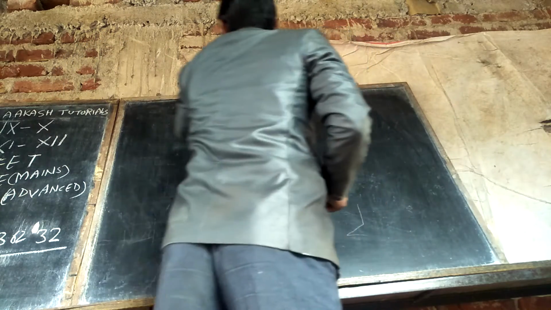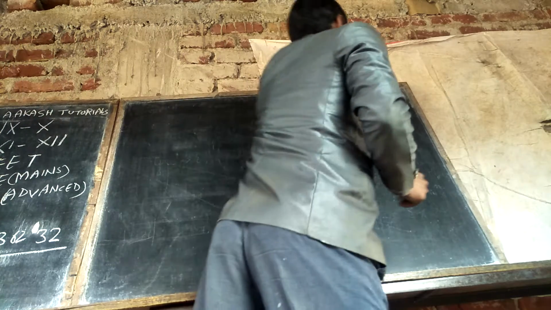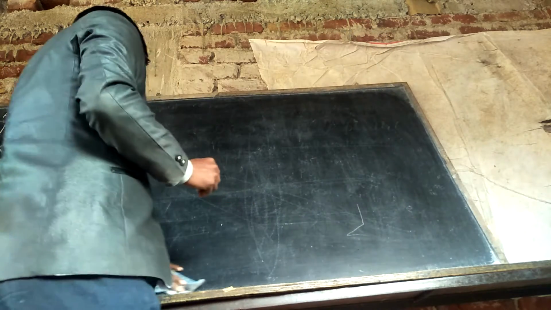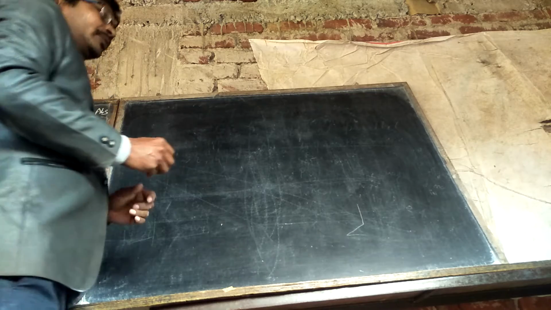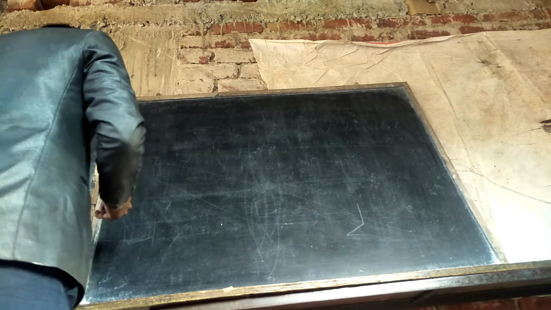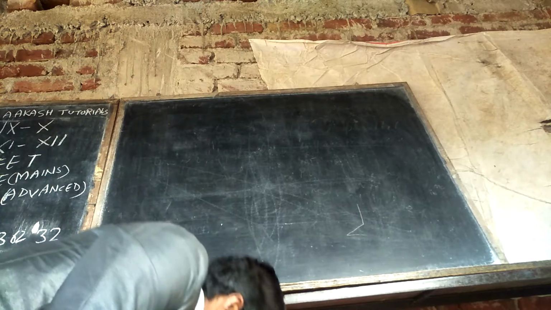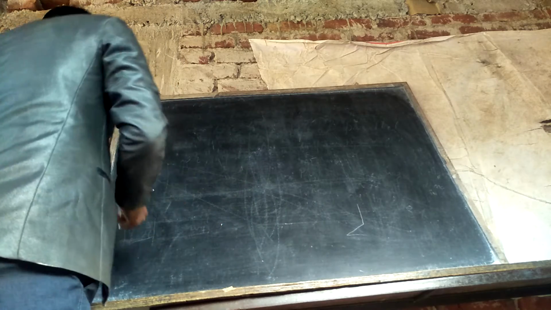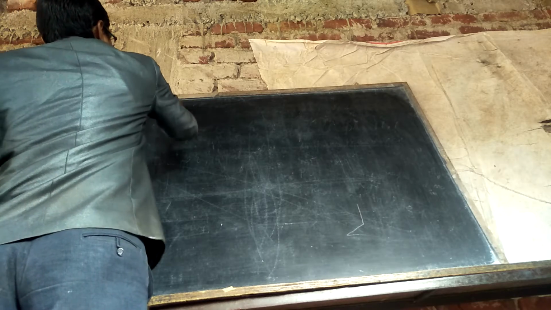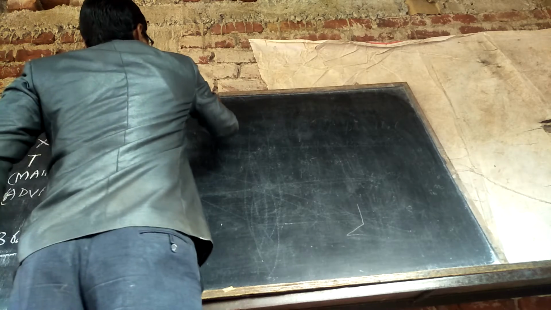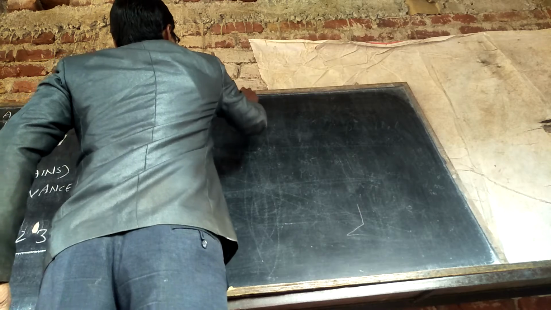Now let us plot the ray diagram for the lens, for an object placed in front of a convex lens at various positions. So let us remind about case 1: object at infinity.